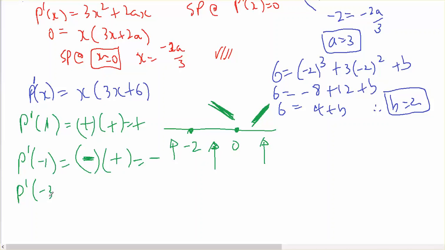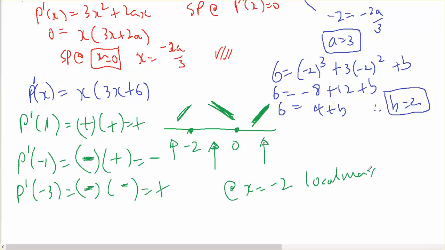So p dash of -3 will be positive, because if you put a -3 there, you get negative. -3 times 3 is -9 plus 6 is also negative. Negative times negative is positive. Therefore, at x equals -2, we've got a local max, and at x equals 0, we have a local min.